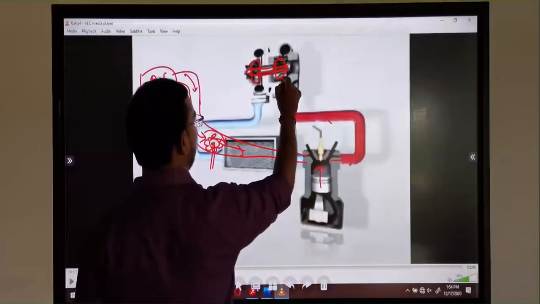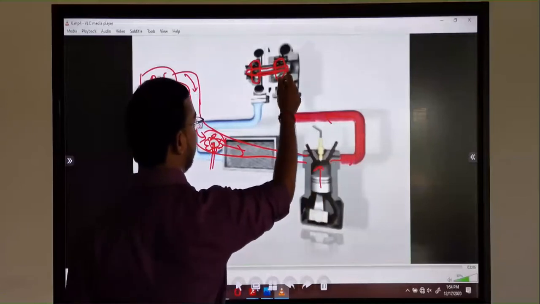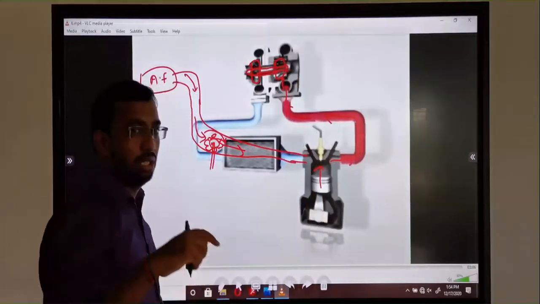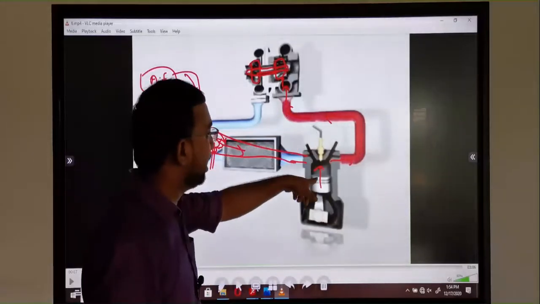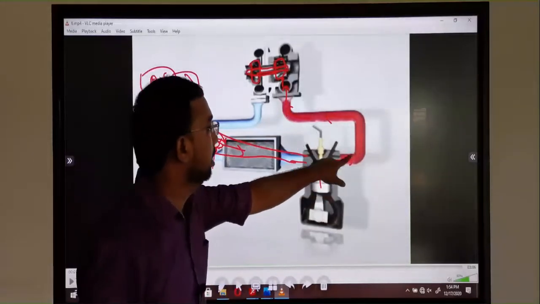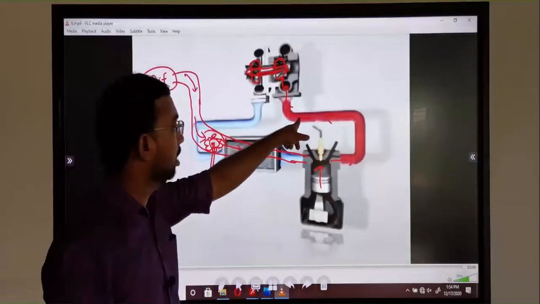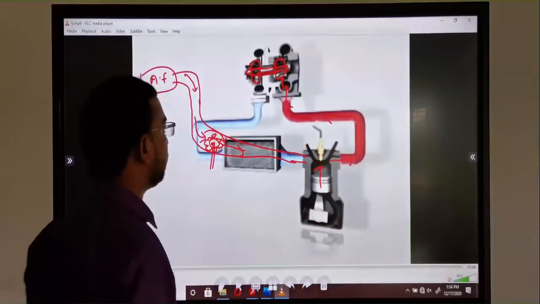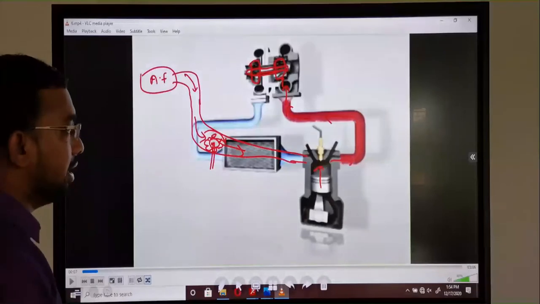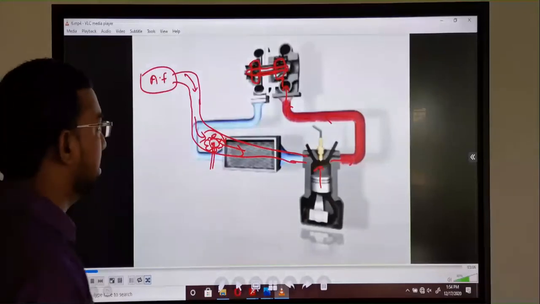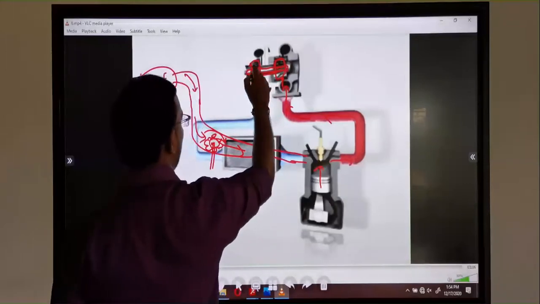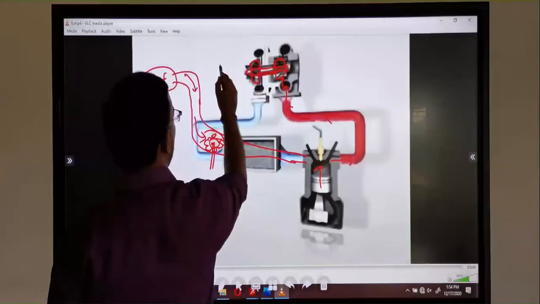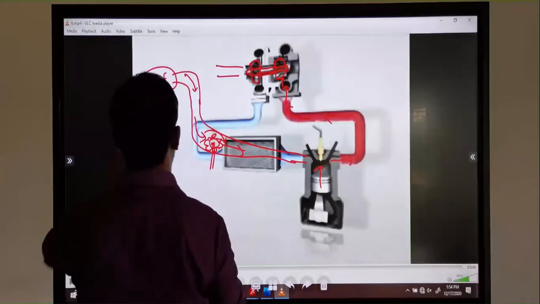So this side wheel is rotated by this exhaust air during the exhaust process. This wheel will rotate, they are on the same shaft, so this wheel also rotates. Okay, so now it's connected like this.